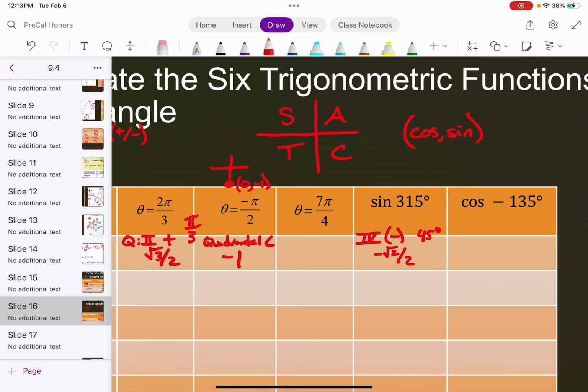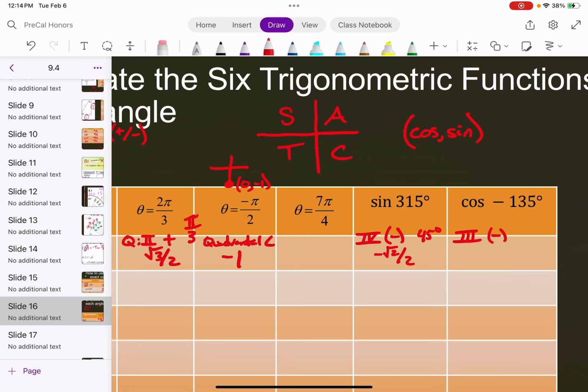The last one that we're going to take a look at is the cosine of negative 135. First thing would be our negative 135. That's going to leave us with quadrant 3. Notice quadrant 3 is only tangent that would be positive, which means cosine is negative.